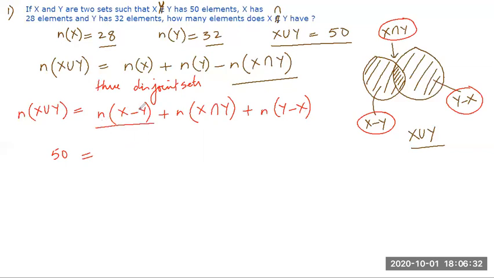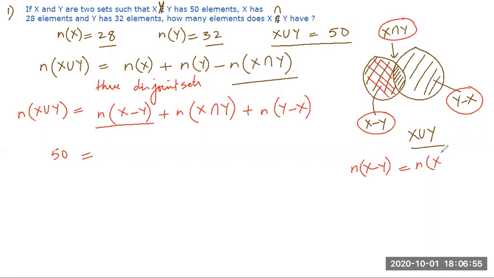Can you tell me, students, what is X minus Y now? Just try to understand. X minus Y right now is only this set. So N of X minus Y, can I write like this?